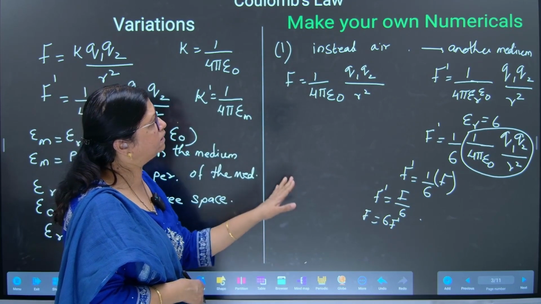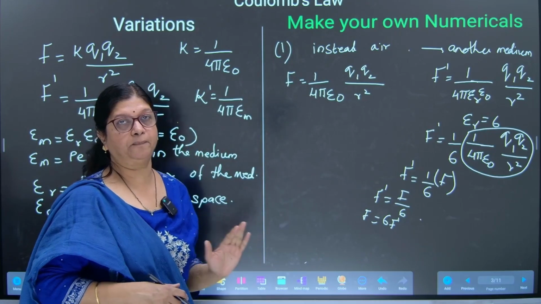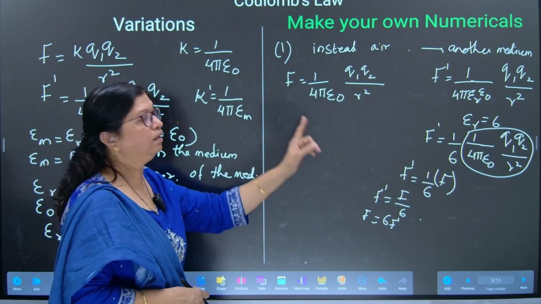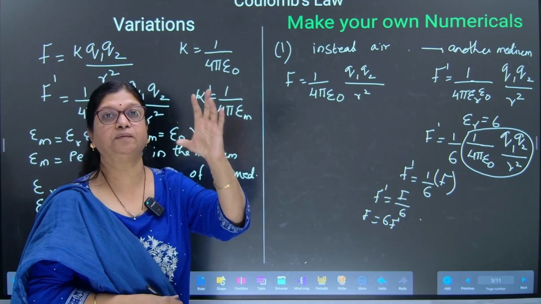All variations can be in your mind itself while studying. This is the first variation, in which you have changed the medium.